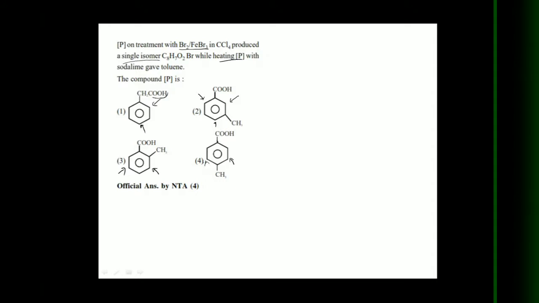Actually all compounds give toluene with soda lime. That means it is nothing but decarboxylation. Here CH2COOH on heating with soda lime is converted to CH3 plus CO2. Soda lime does decarboxylation. This one gives toluene, this one gives toluene, and this one also gives toluene on decarboxylation. So in this case the answer is 4.